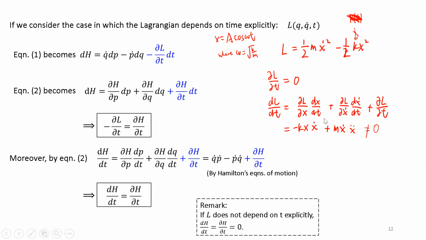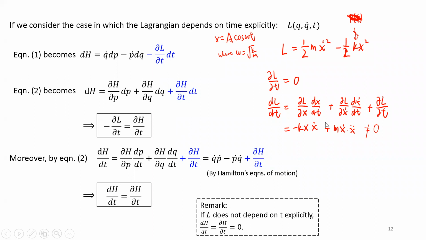So therefore, the total derivative of a function with respect to time being equal to the partial derivative of the same function with respect to time is, in general, not true. But for the Hamiltonian, this is true.